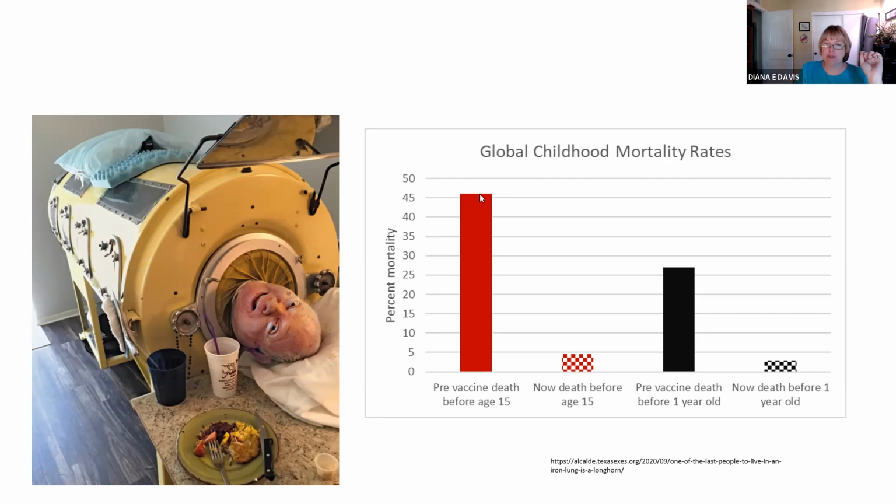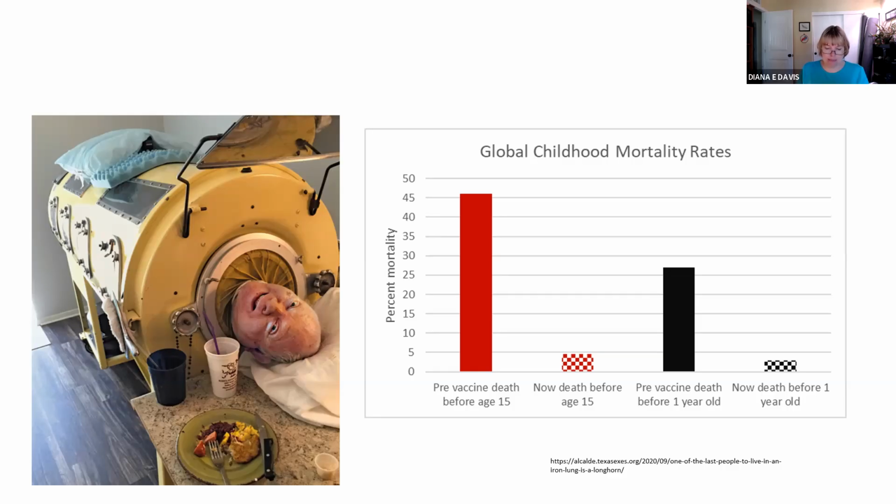Over 45% of people died of infectious diseases before they turned 15, before we had vaccines. Nowadays, that death rate is about 4%. Pre-vaccine death rate before 1 year of age due to infectious disease was 27%. Now it's more like 2 or 3%. So there's been a huge, huge change in the mortality.